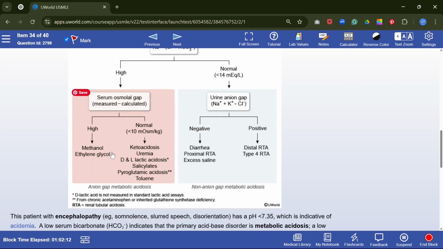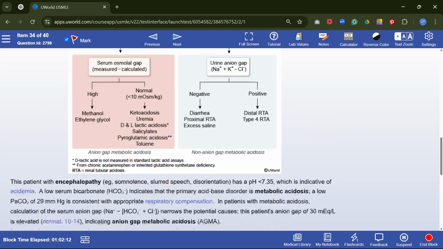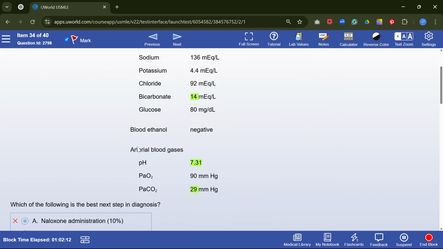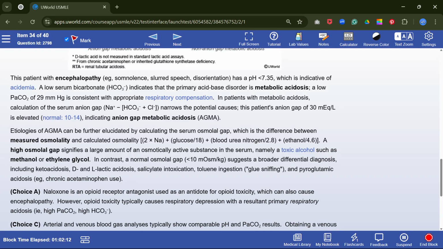How can we measure the serum osmolar gap? It is the measured osmolar gap minus the calculated osmolar gap. So how can we calculate the osmolar gap?